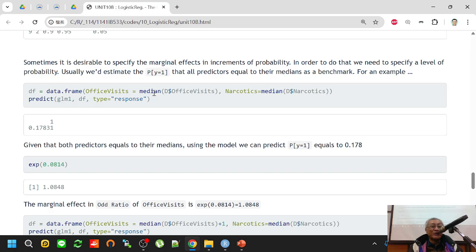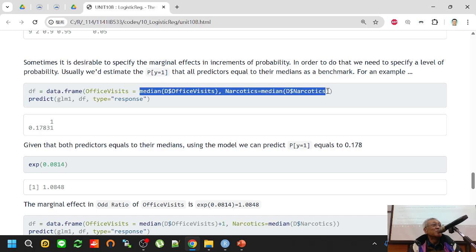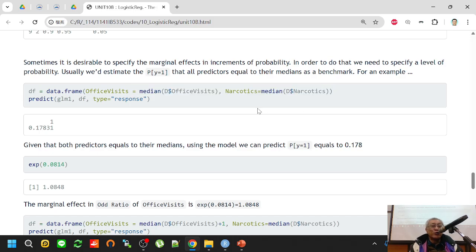First of all, you need to know the value of every predicting variable before you can calculate the increment. In addition to the coefficient, you also need to know the value of x, and usually we will use the median or average of x.